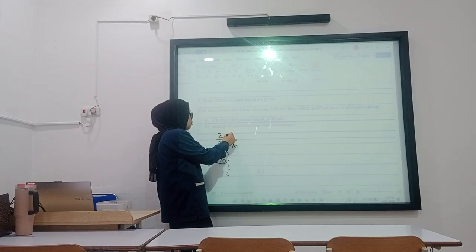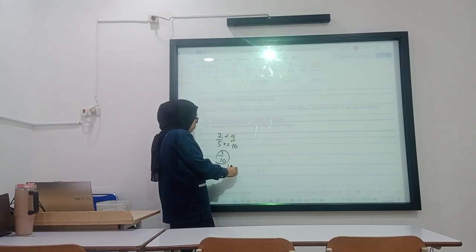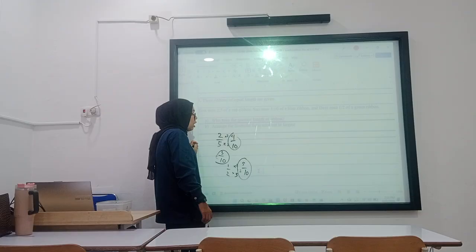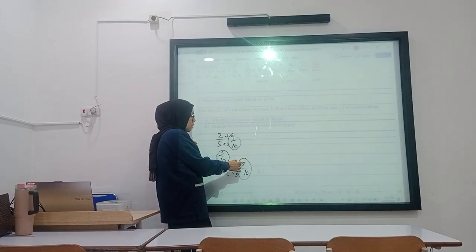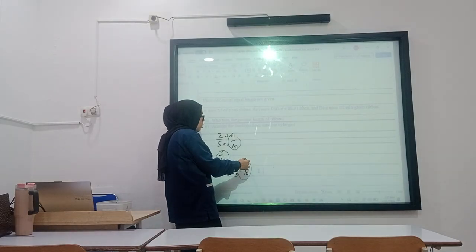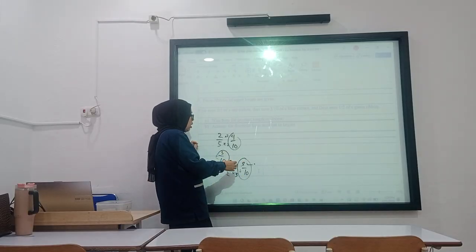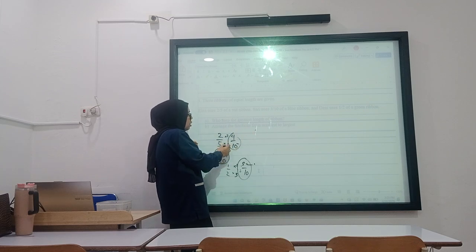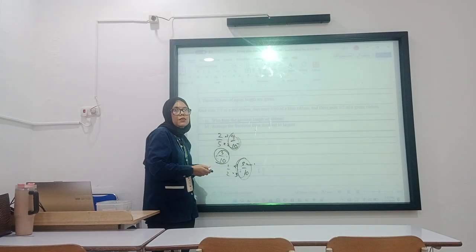This one we multiply by 5 to become 10. Now students will know which one is the largest, so this one is the largest, the first, then the second, the third. If we arrange from the smallest, this one is the smallest first, then the second, the third. Okay, Miss.